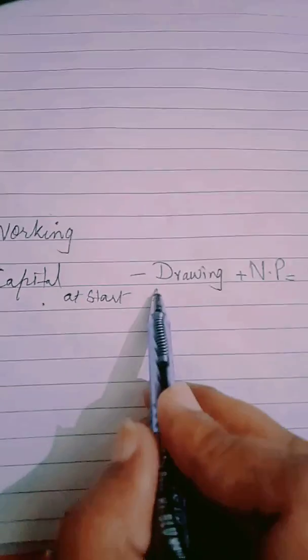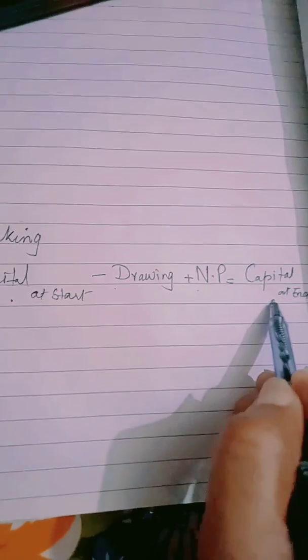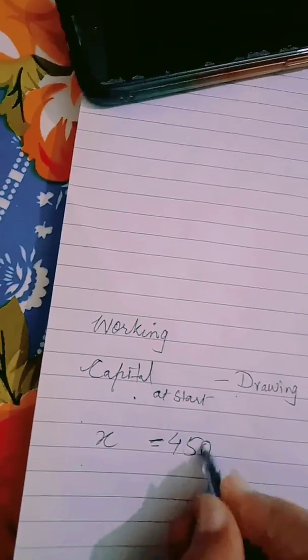Now capital at start, capital at end. Capital at start minus drawing plus net profit is equal to capital at end. And now I will put the values over here. I put the value x over here. Drawing is minus 4,500.